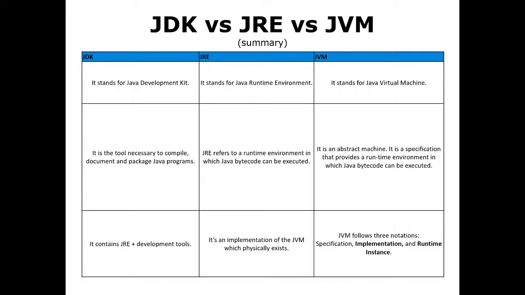Java runtime environment refers to a runtime environment in which Java bytecode can be executed, and the Java development kit is just a tool to build Java code. Users don't need it if you just want to run the code, but if you want to develop and compile something, you need to have Java development kit.